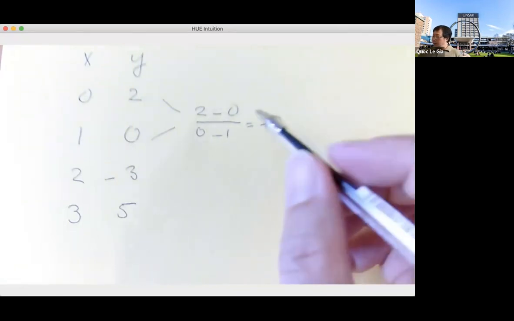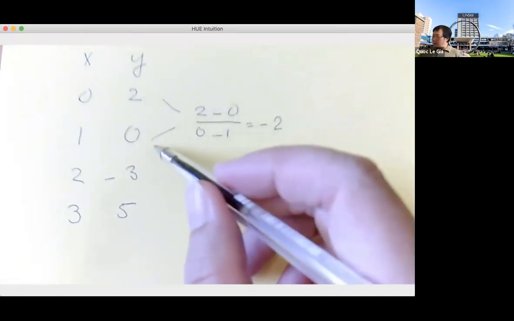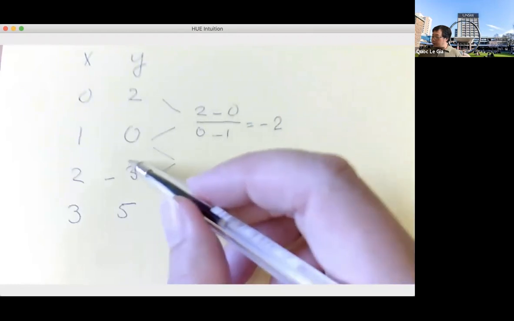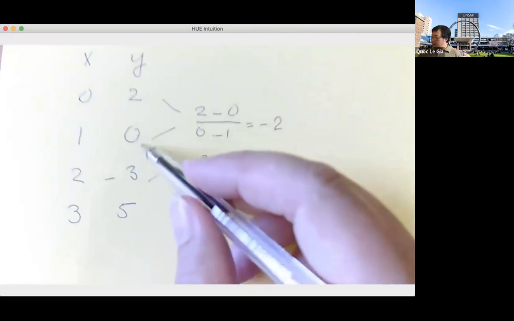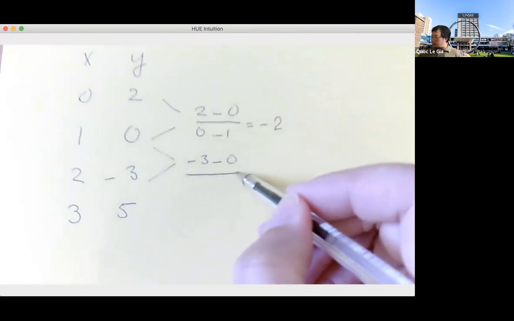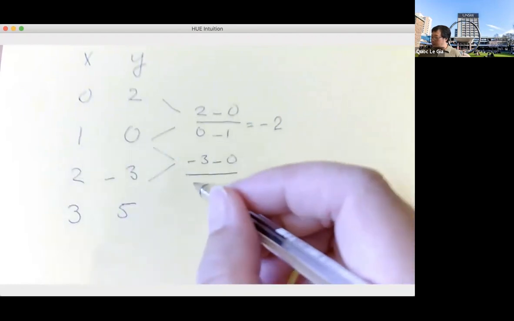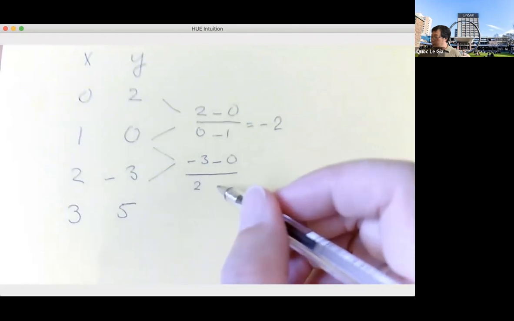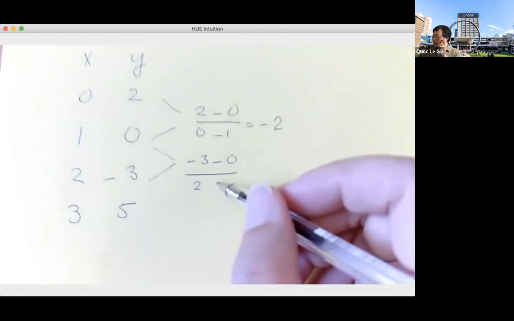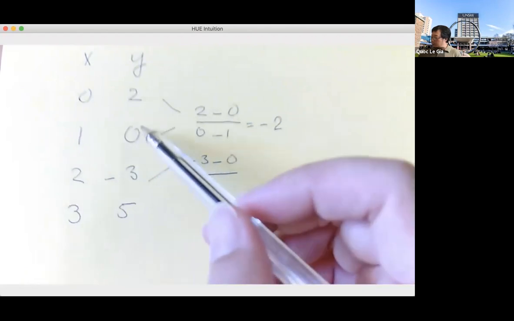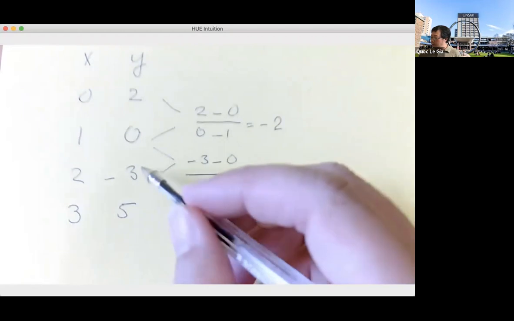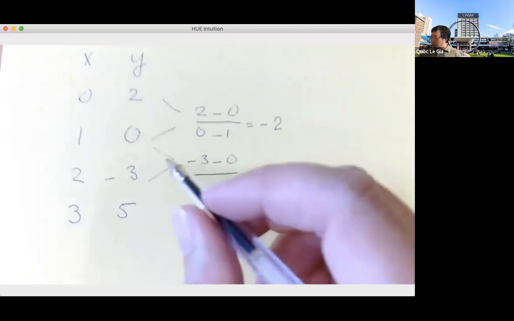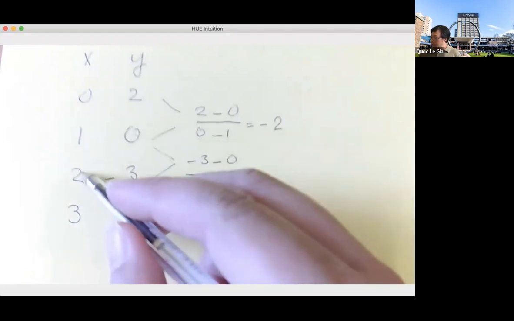And then for this number, I have minus 3 minus 0, divided by 2 minus 1, because I take minus 3 minus 0, so then I have to take 2 minus 1.